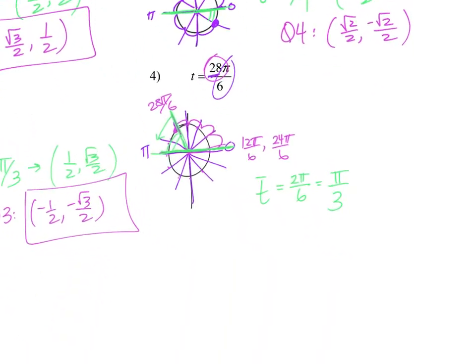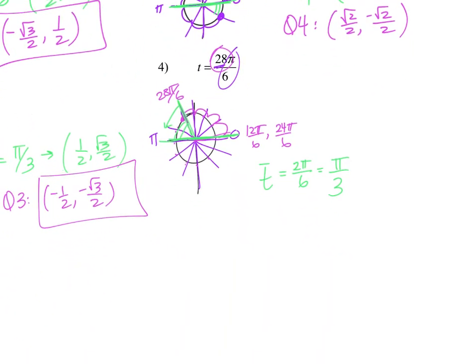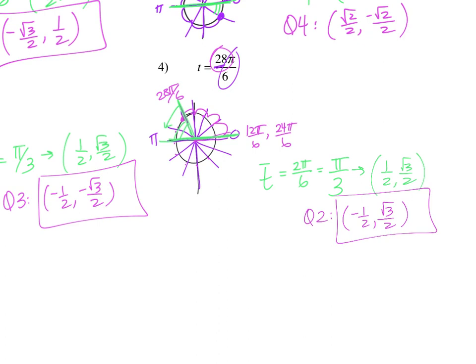So 2 pi over 6 wouldn't work, but that's okay, it's pi over 3. So the ordered pair that goes with pi over 3 is 1/2, root 3 over 2, but I'm in quadrant 2, which makes x negative and y positive. So there's the answer. All right, hopefully that makes sense to you.